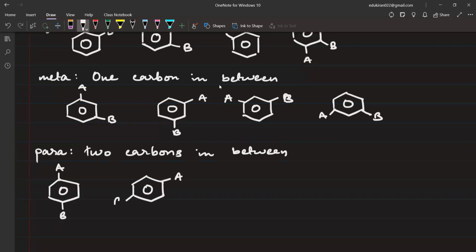A here and B here. There is no difference between these; all of these structures are the same, even though they look very different. You have A here and B here.